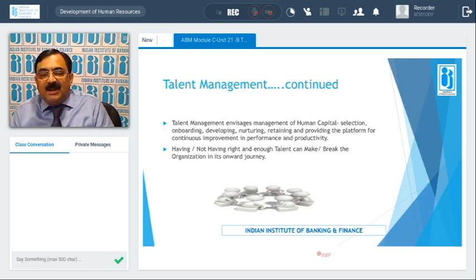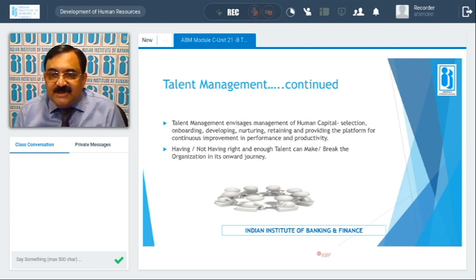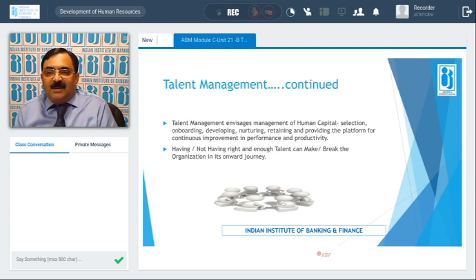Once the talent is onboarded, the next stage is to develop the talent. And that also includes nurturing the talent by providing necessary inputs. And therefore, by doing all these things, we will be able to retain the talent, and that is providing the platform for continuous improvement in performance and productivity. So the aspiration levels are high, the expectations keep on rising for the new talent.